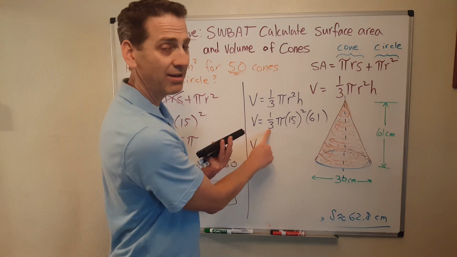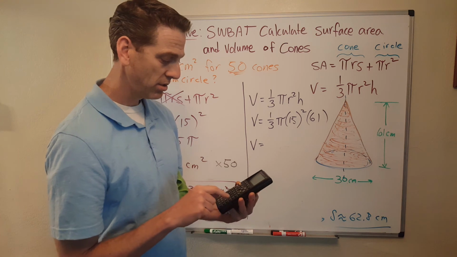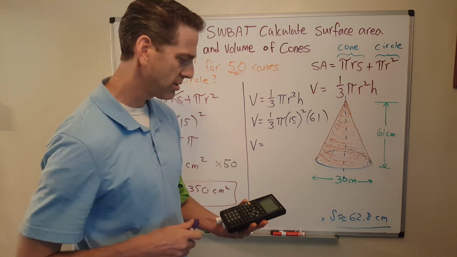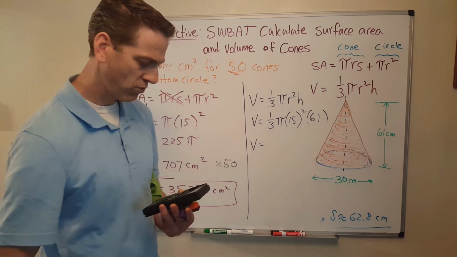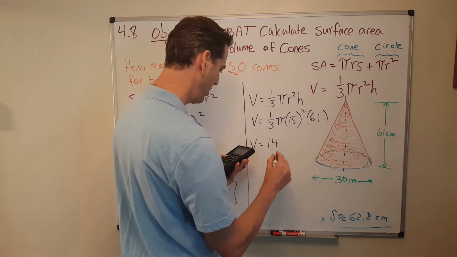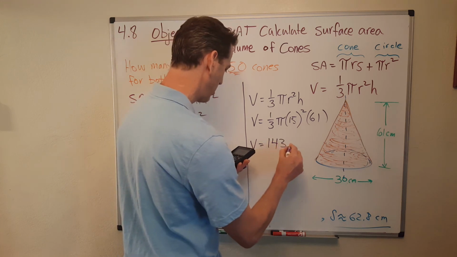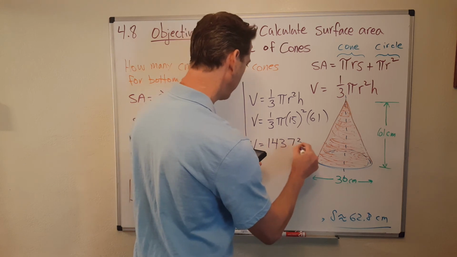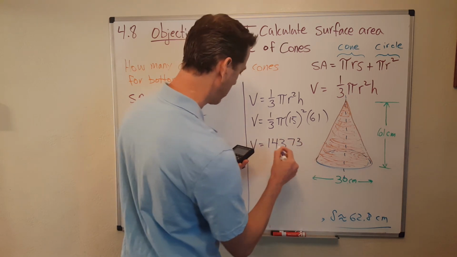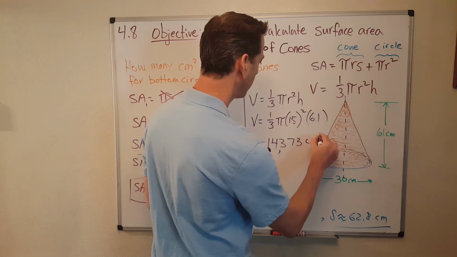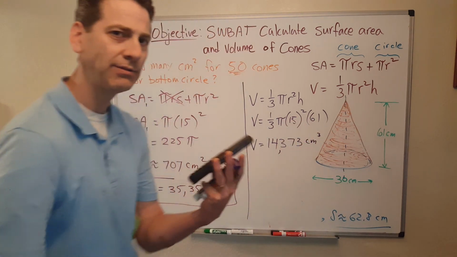So I'm just going to divide by 3. And I get 14,373 when I round to the nearest whole number, and that is in cubic centimeters, cc's.